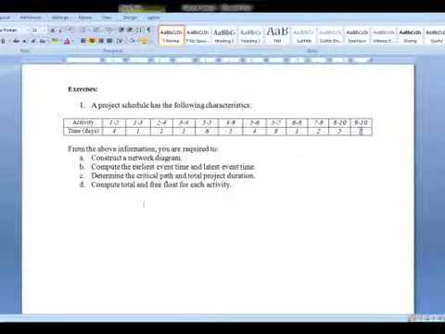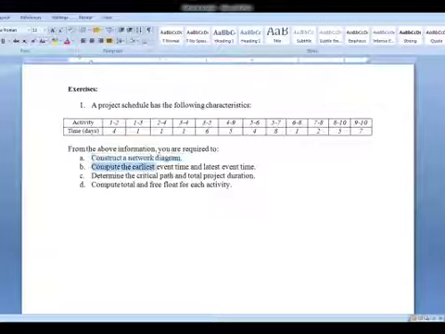Now, what they've asked us to do is, from the above information, first, construct a network diagram, which we'll be doing now. After doing so, compute the earliest event time and the latest event times, which we'll also be doing. The third one is determine the critical path and total project duration.